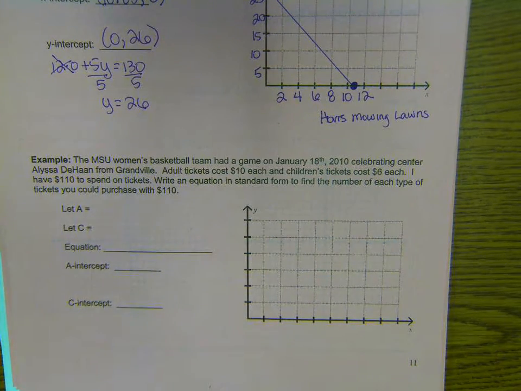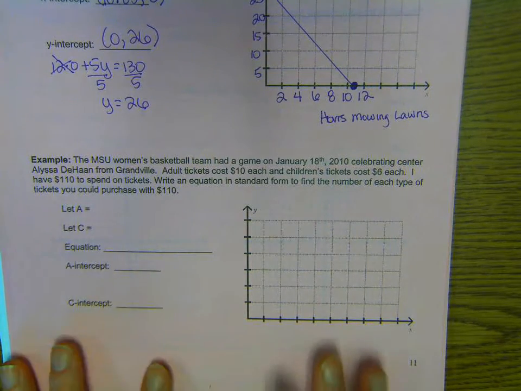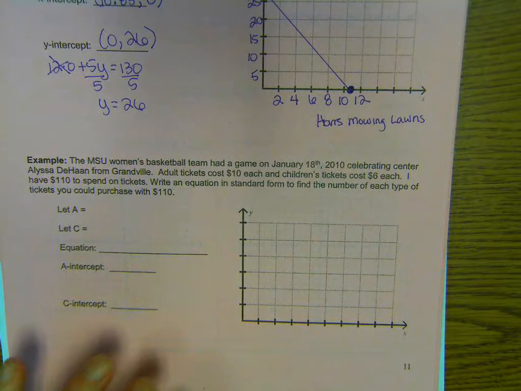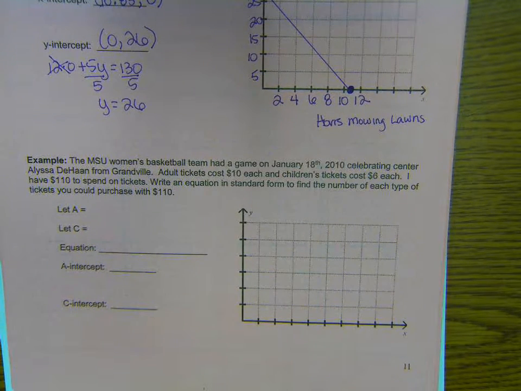It would have been a long time ago for you, but she was almost 7 feet tall. Pretty tall. Alright, anyways, adult tickets cost $10 each, children's tickets cost $6 each, and I have $110 to spend on tickets. Okay, so I'm kind of leading you here with the variables I'm picking. What should we let A stand for?